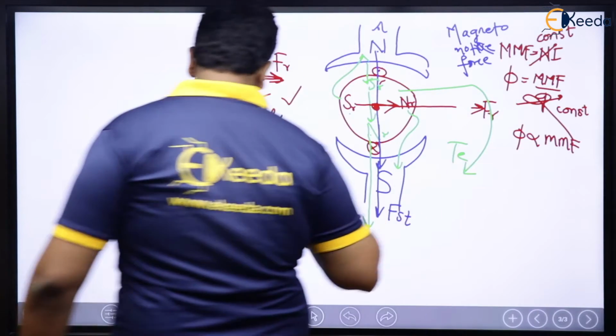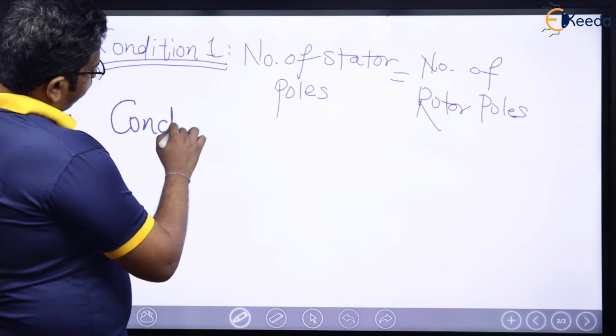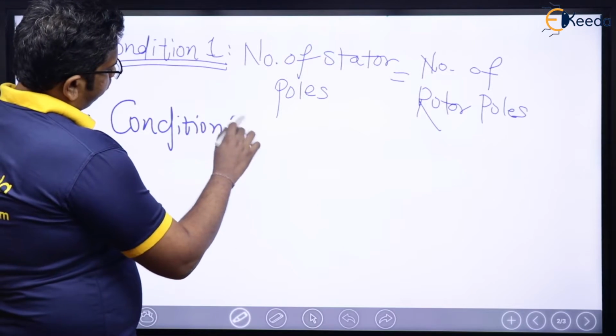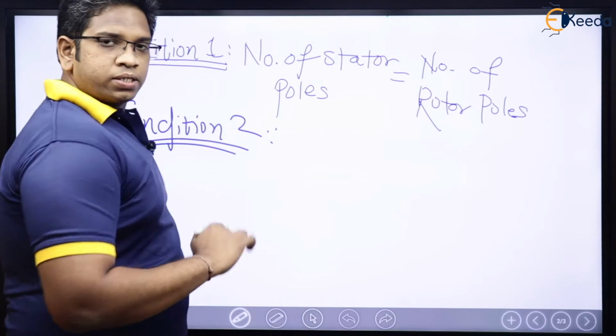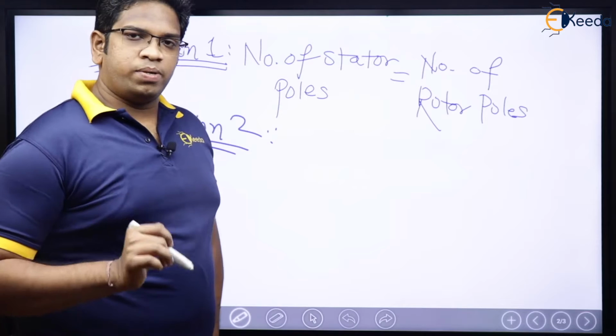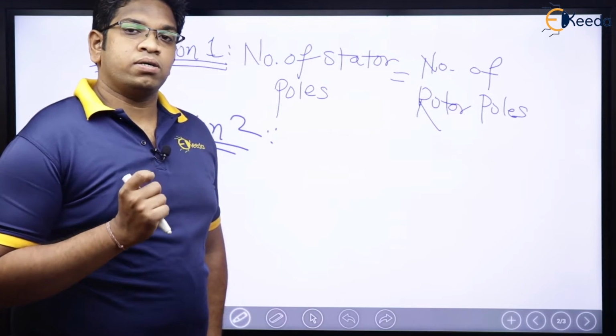Let me write down. Yes, so now we have got the second condition. What is the second condition? Stator MMF and rotor MMF have to be stationary with respect to each other, and there should be some displacement between them.